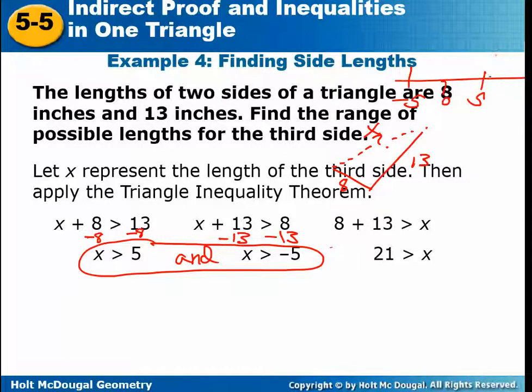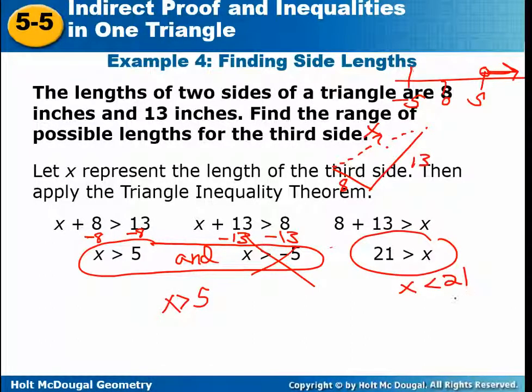If x is greater than 5, it doesn't matter if it's greater than negative 5. The x is greater than 5 covers that. So we don't need this part because it's taken care of by x is greater than 5. Another way of saying this is that x is less than 21. So x has to be greater than 5, and x also has to be less than 21.